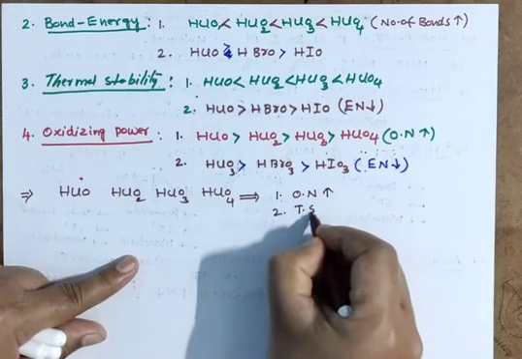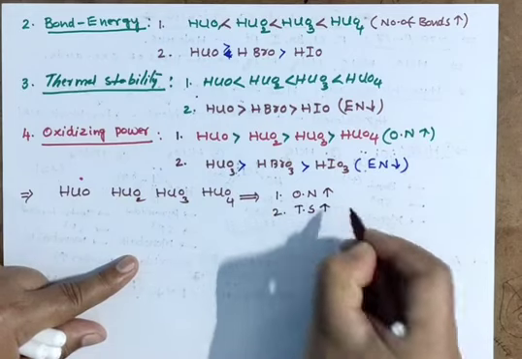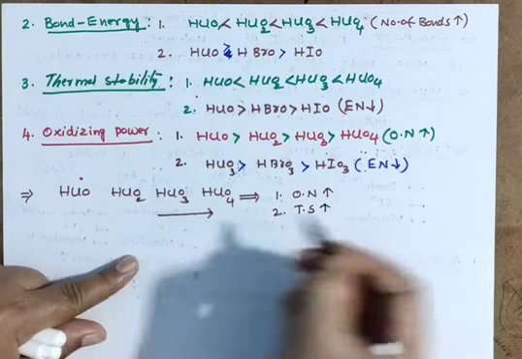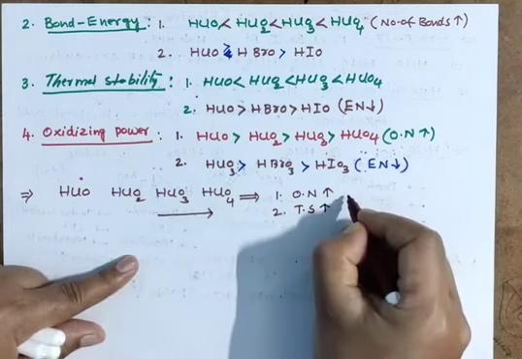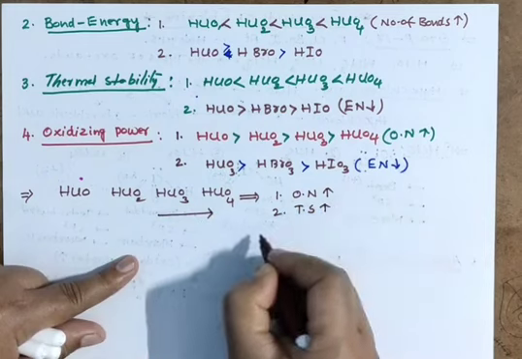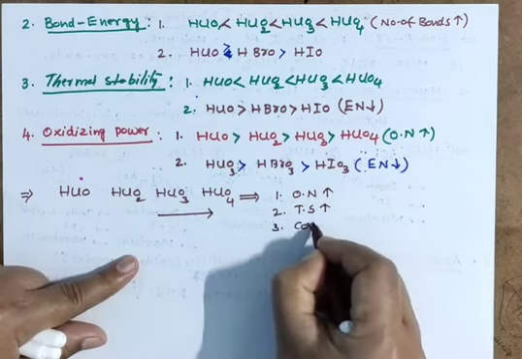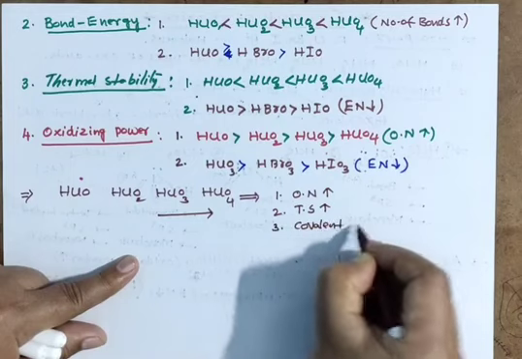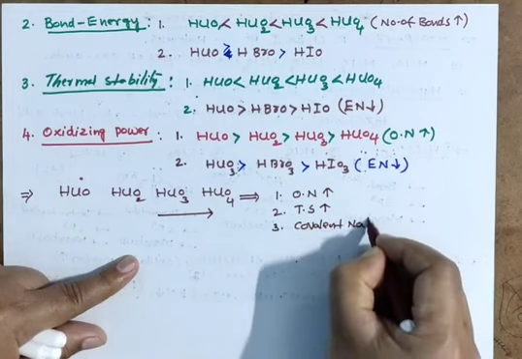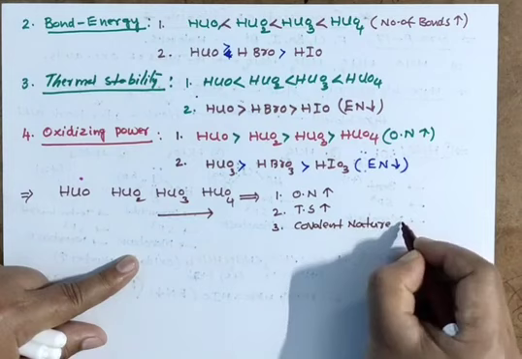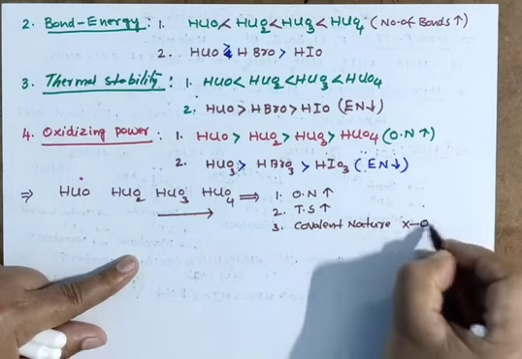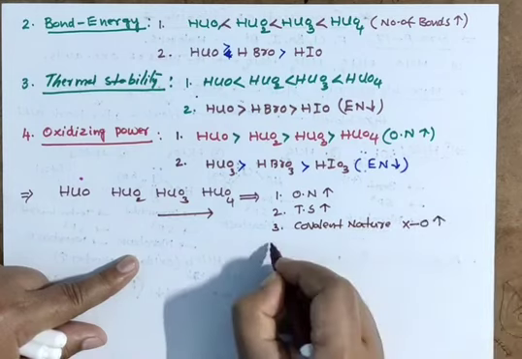Thermal stability is going to increase, left to right. And covalent nature between halogen and oxygen is going to increase.